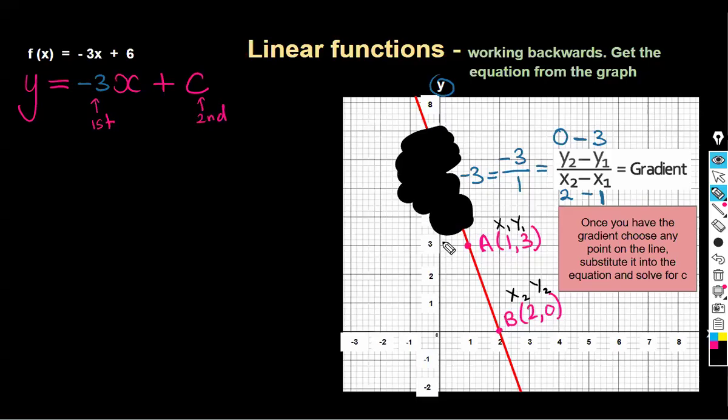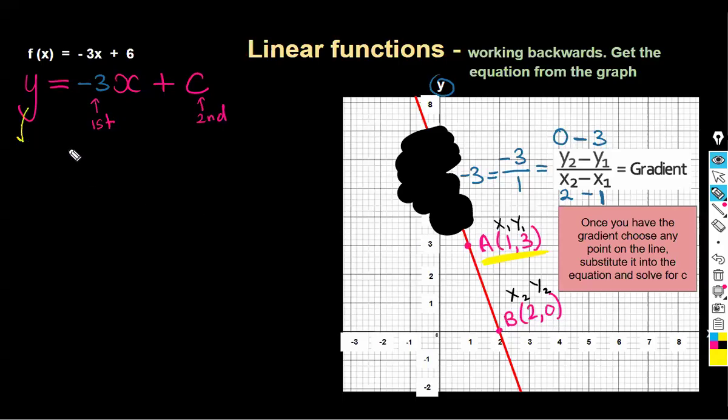So now Bob can't even see where it cut the y-axis. How will he get back the value? He could choose any one of these 2 points, A or B. Let's say he chooses A. According to point A, y is 3 and x is 1. If he chose point B, he would get the same value for C. But I'm going with A.